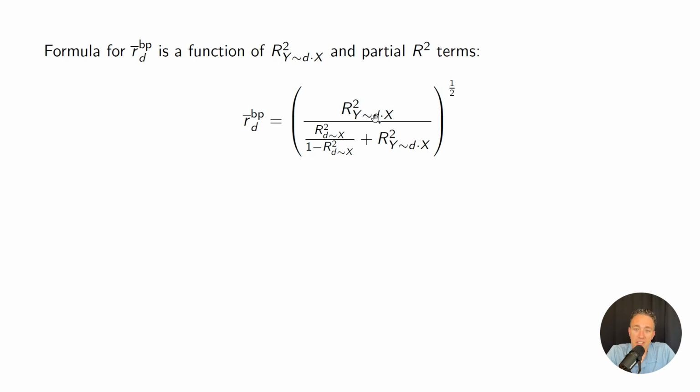R squared y tilde d dot x means I'm going to partial x out of y and d, and then run a regression of y on d. And then the R squared of d on x is just the first stage regression that we already talked about. So I have this quotient, and then in the denominator there's another quotient, and then I take the square root of everything.